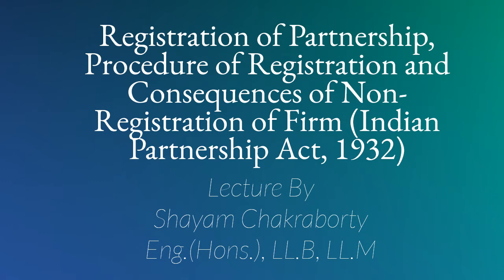Let me make it clear. Suppose T is the third party, and A, B, C, D, E, F are the partners. Suppose the partnership firm has not been registered. T, the third party, did one financial transaction with the partnership firm and was supposed to give 10 lakh rupees.